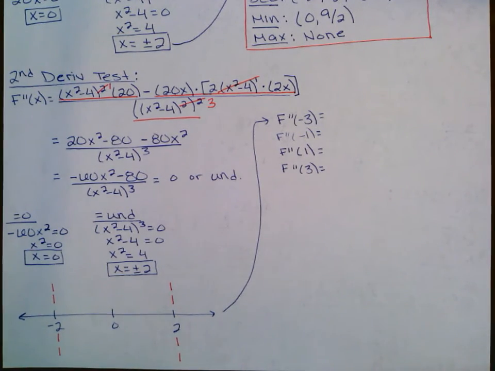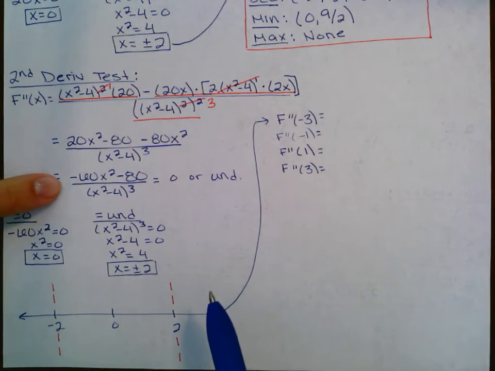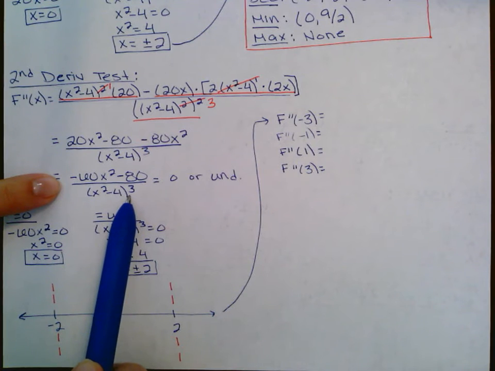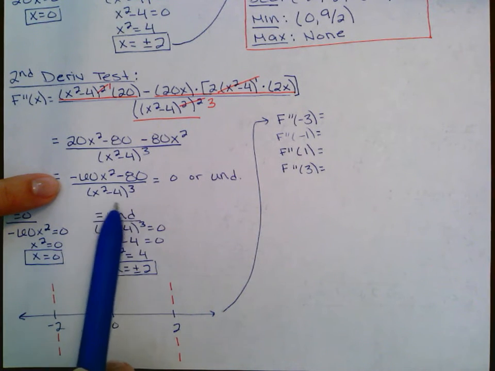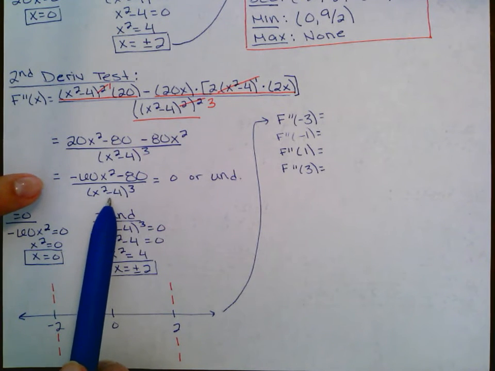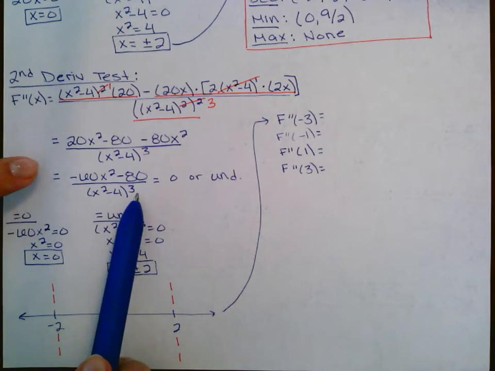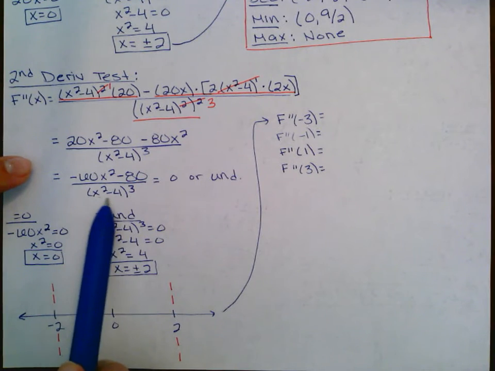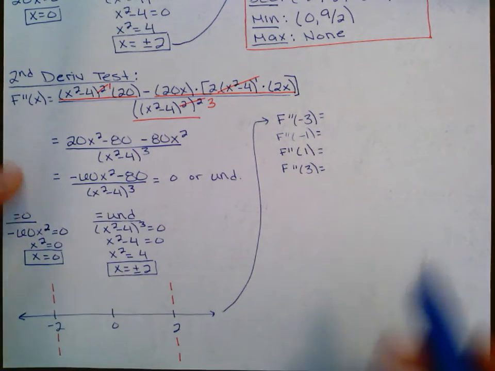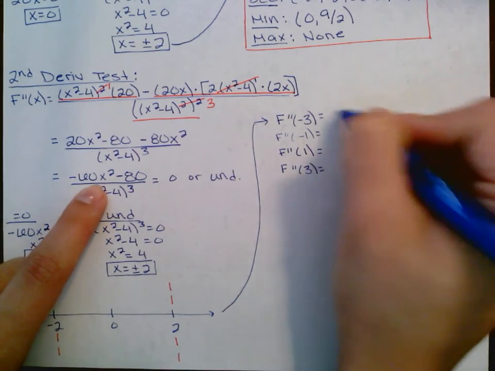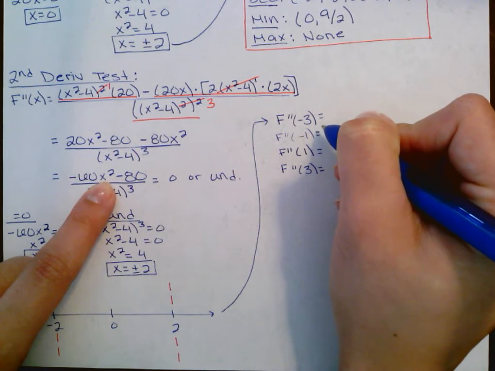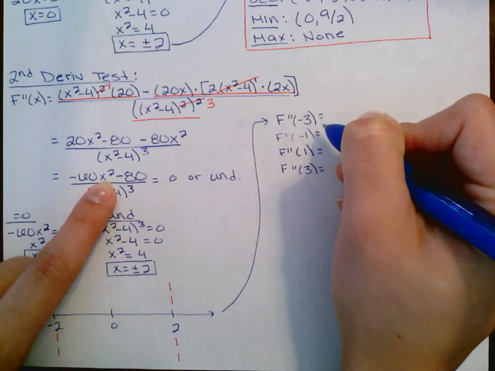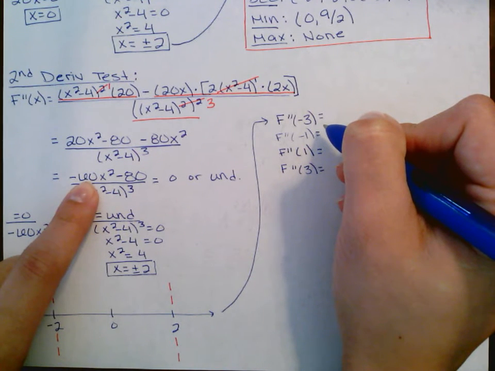Okay? Now, this is my second derivative. Because the exponent here is cubed, I cannot assume that this is always going to be positive. So this is going to take a little more of a thought process, okay? Because a cubed keeps whatever sign took place in here. So let's take one thing at a time. If I say -3 squared, it's going to be +9. +9 times a negative is going to give me a big negative.